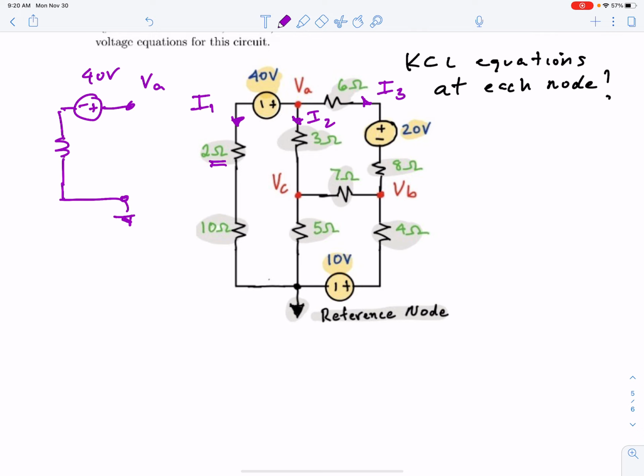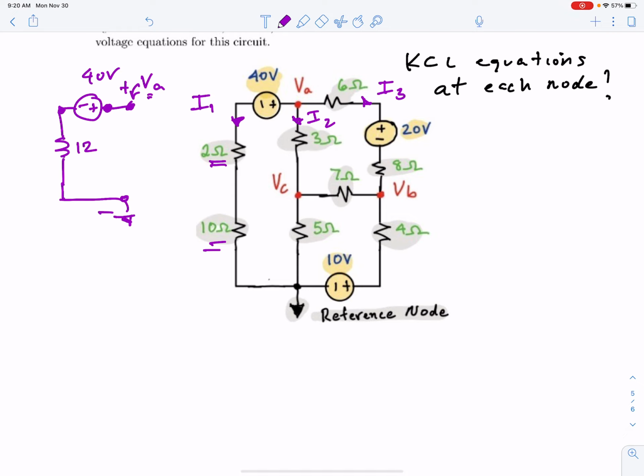I have 2 in series with 10 to give me 12 ohms. Now I push the dot. I know this voltage, with respect to the reference, is at a value VA. So I push this dot, and this is still VA because I'm just going along a wire.